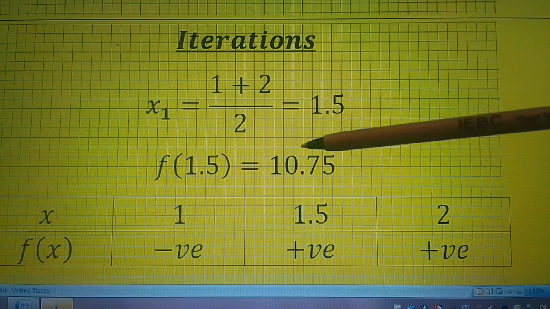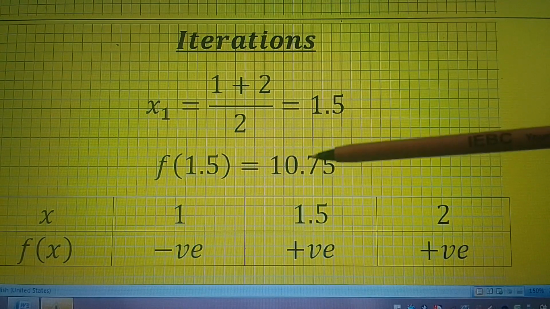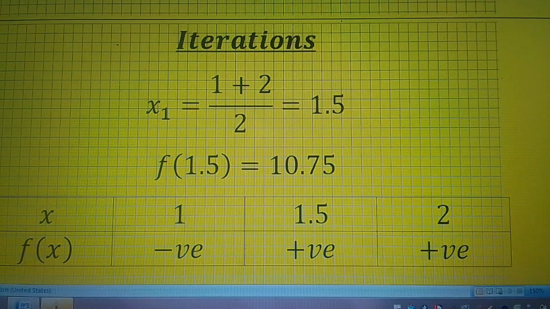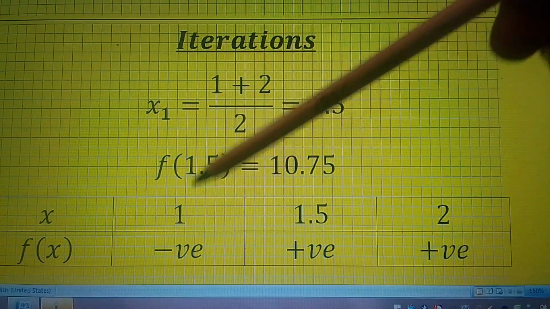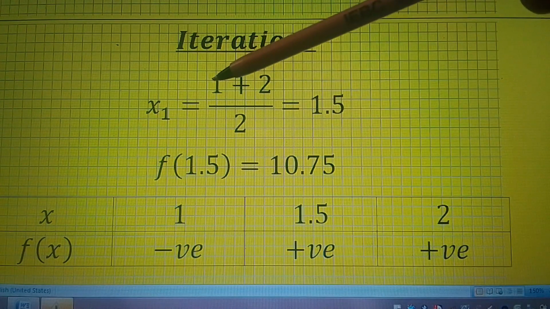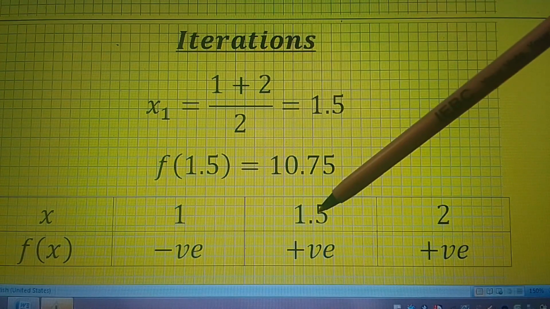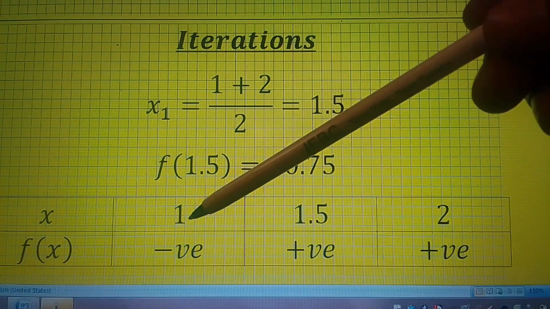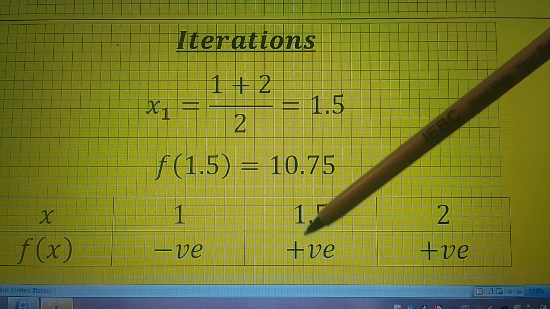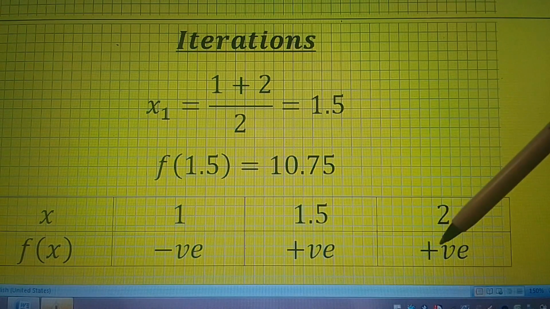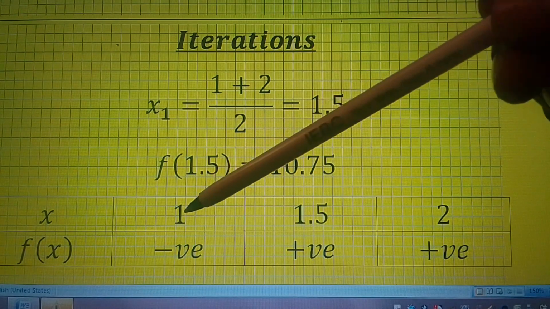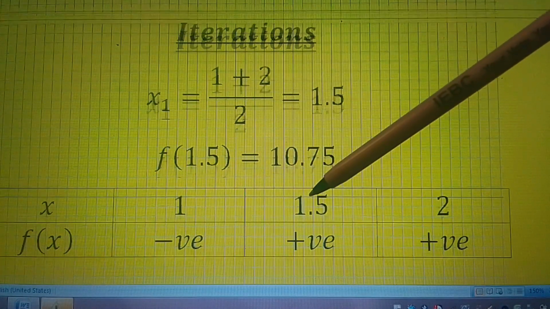If you plug this into your calculator, you will get 10.75, which is positive. So f of 1 is negative, f of 1.5 is positive, f of 2 is positive, meaning the root now lies between 1 and 1.5.